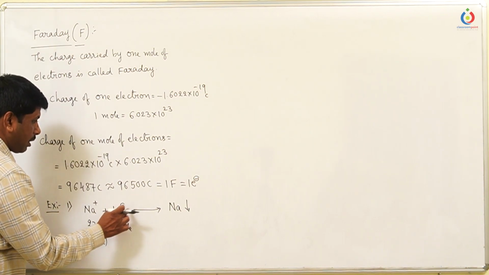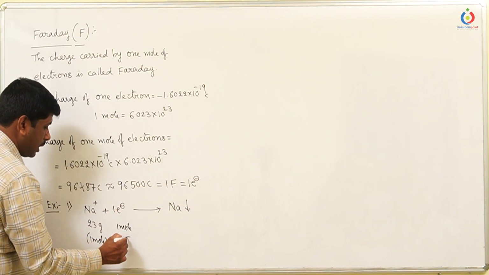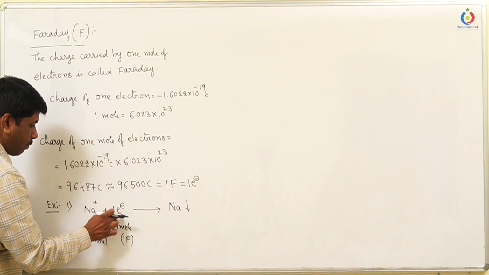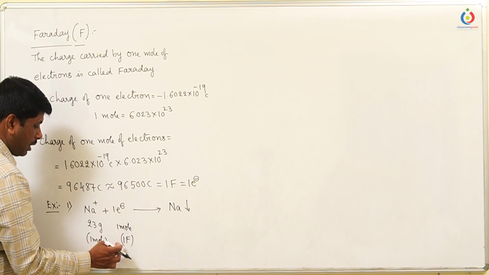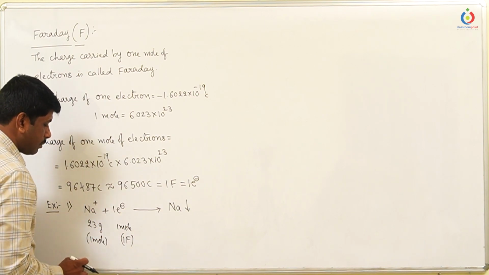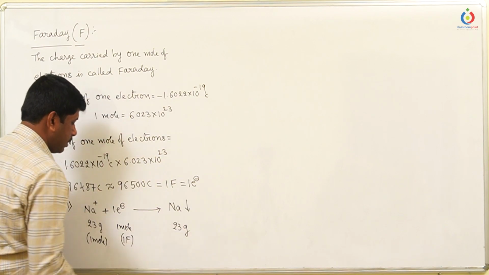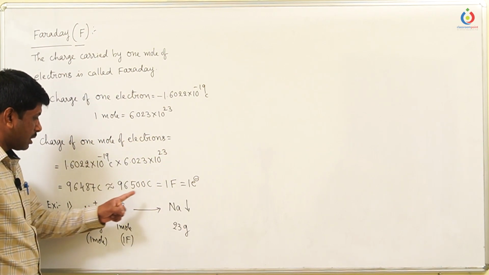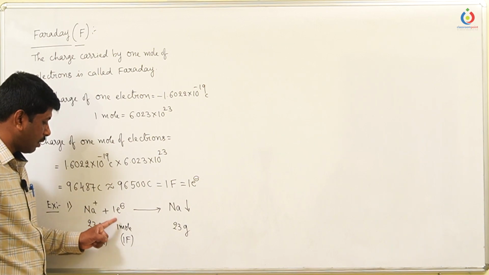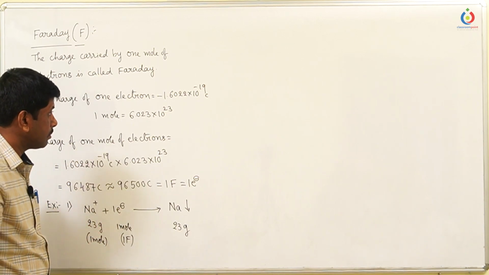This 1 mole of electrons' charge is called 1F, that means 1 Faraday. So wherever 1 mole of electrons is there, I can use 1 Faraday. It deposits 23 grams of sodium. That means the entire sodium gets deposited by using 1 mole of electrons or 1 Faraday of electricity.